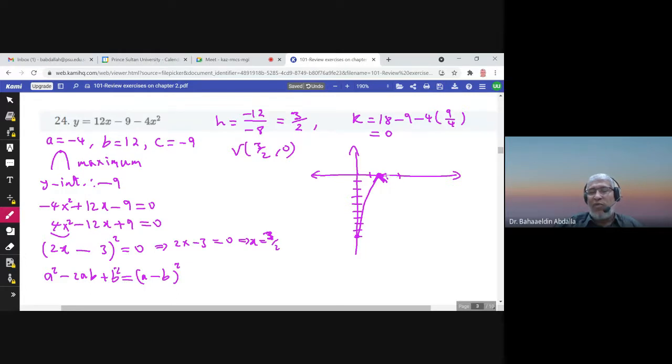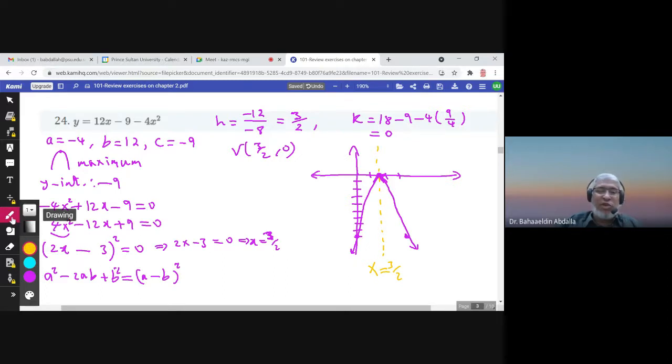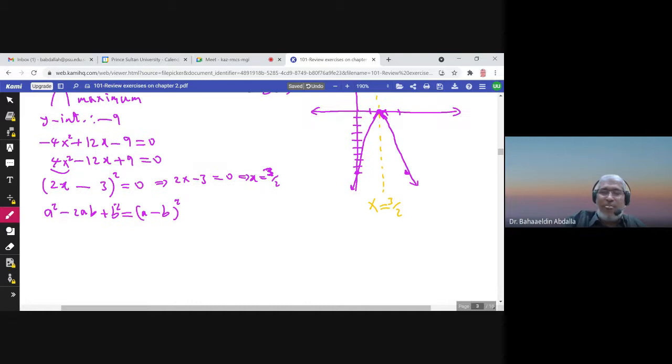So if you go 1.5 to the right, you will also have -9 because of symmetry of this parabola. So this would be the graph of this parabola. In the middle, this line is the axis of symmetry, and here it has the equation x equals 3 over 2. It always has the equation x equals h because it's a vertical line.